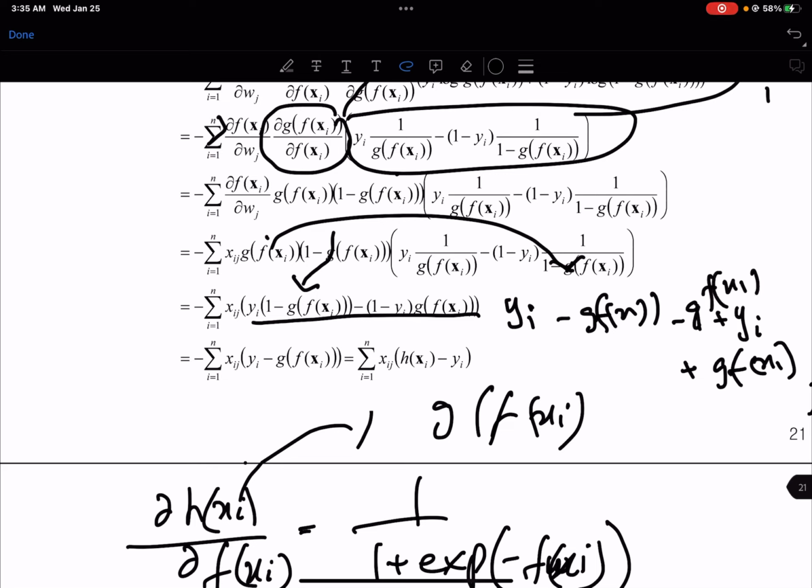So these two terms, let's look at this again.